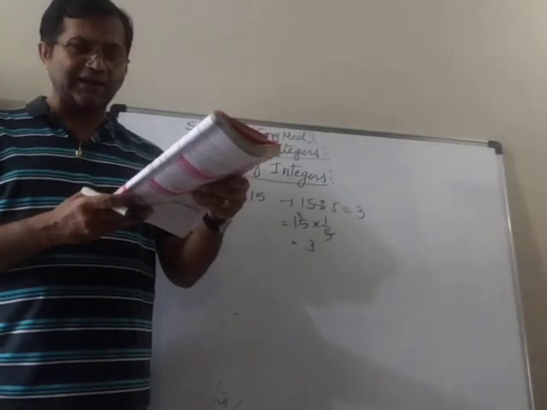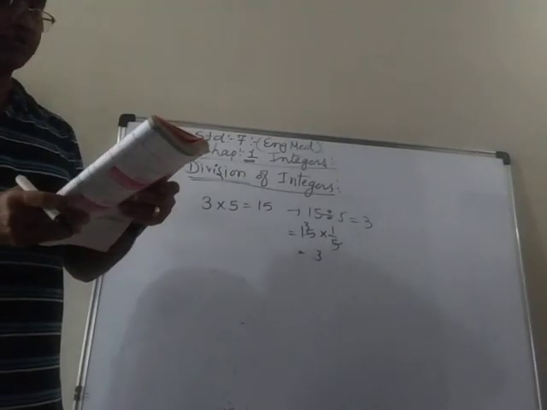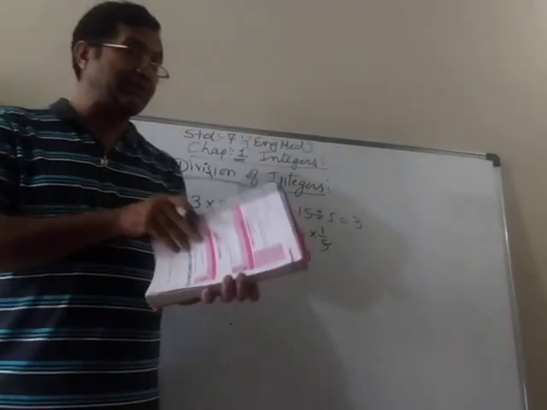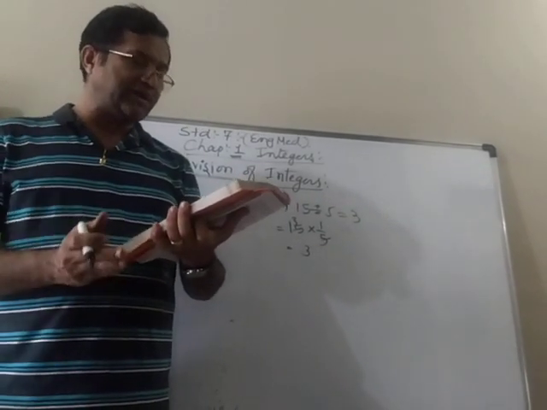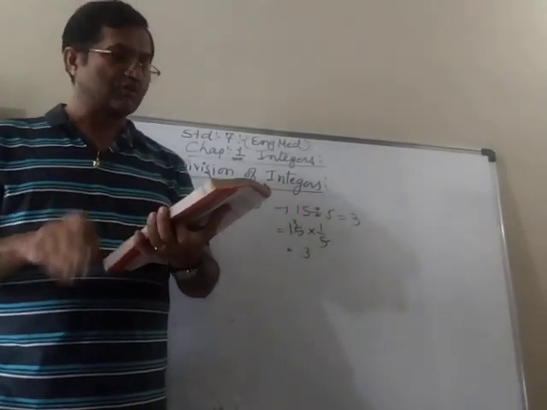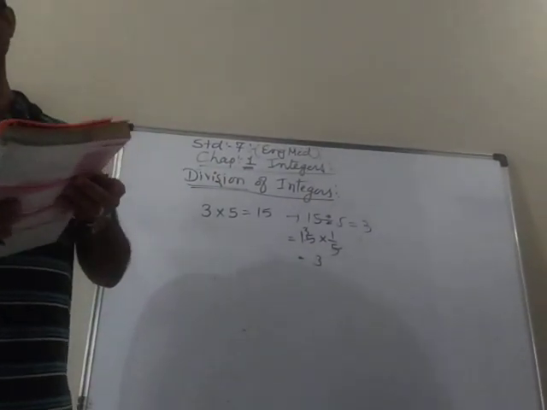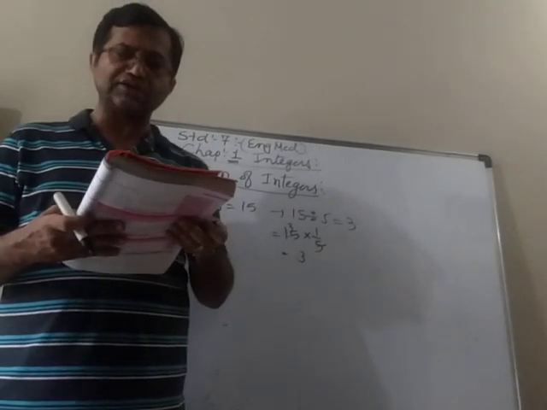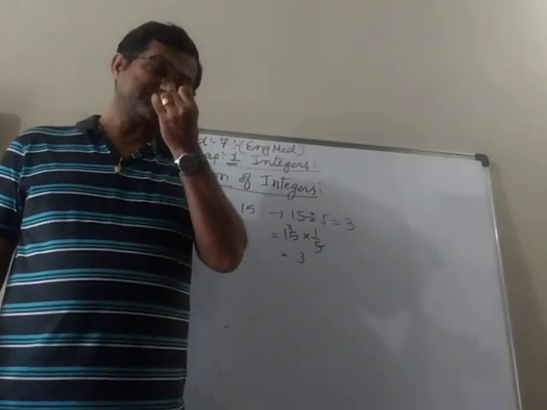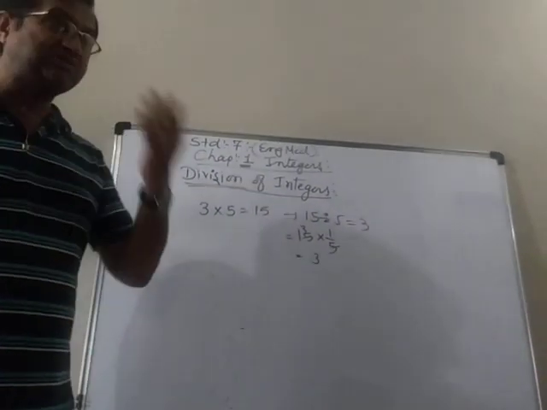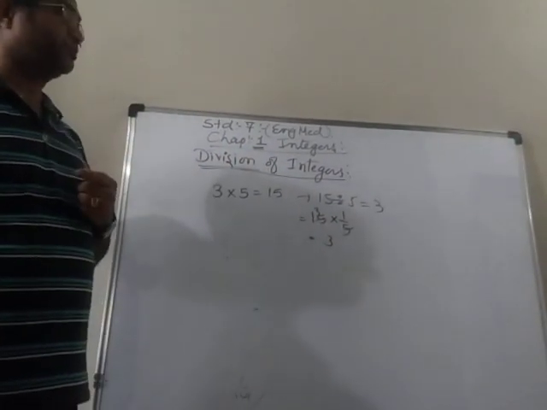So here when we divide a negative integer or a positive integer, that will be a different thing. But as I told you, division will be the opposite. I mean when you divide, then you have to multiply with its inverse. Now here also we have to remember the same thing that we remember in the multiplication: whether both numbers are positive, both numbers are negative, or one number is positive and the other is negative.